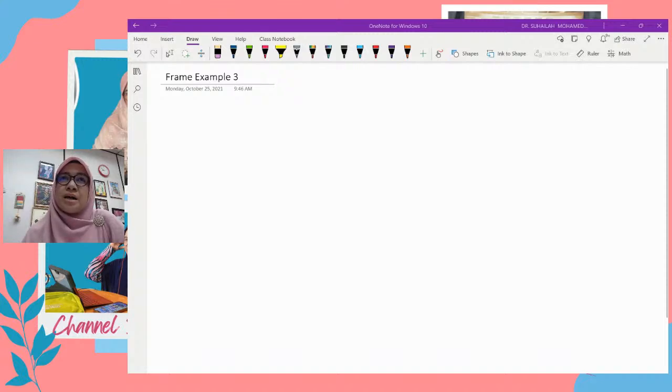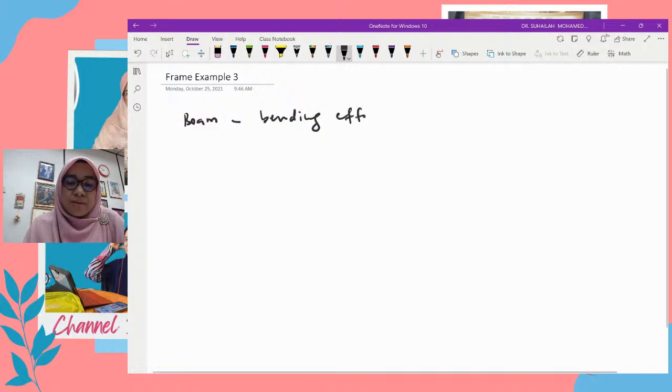I have already explained how we analyze beams. Now we are going to analyze frames, and beams and frames have similar analysis. In a beam, we consider what we call the bending effect. It relates to EI, or flexural rigidity.